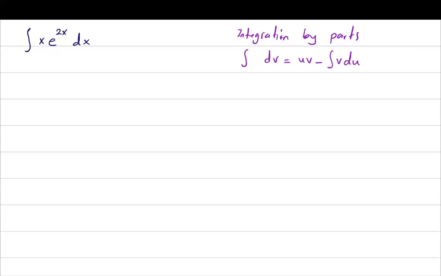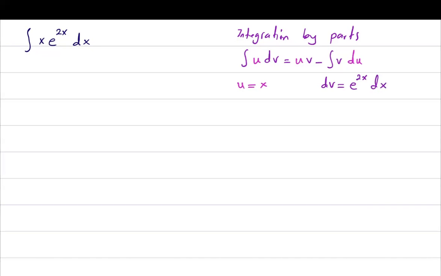So for u, this is going to be your u and then du there. I'm going to take u to be x, and then dv is equal to e to power 2x dx.